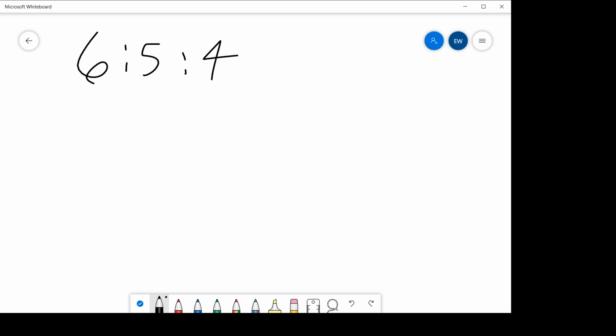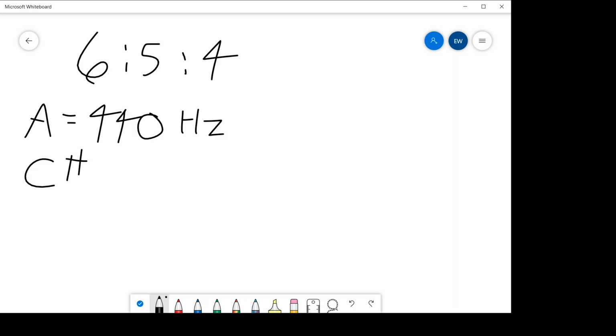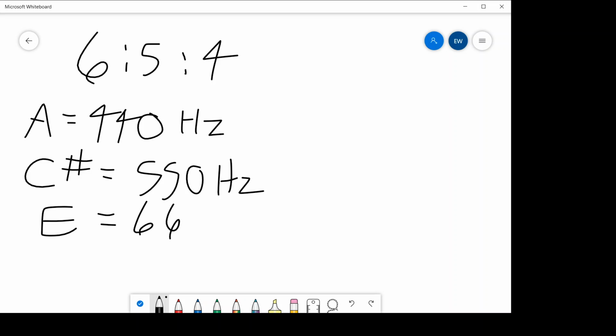In other words, if we started with A equal to 440 hertz, then C sharp is going to have to be 550 hertz, and E would be 660 hertz. So this is the just intonation tuning for the major chord.